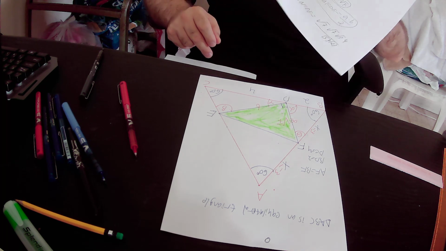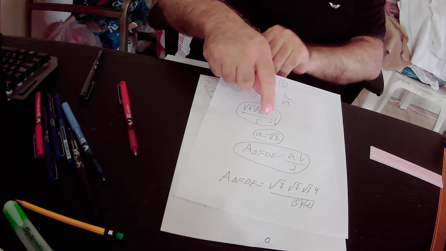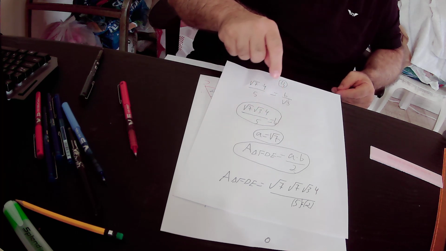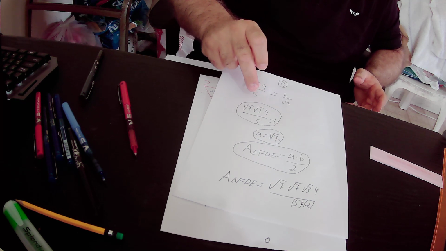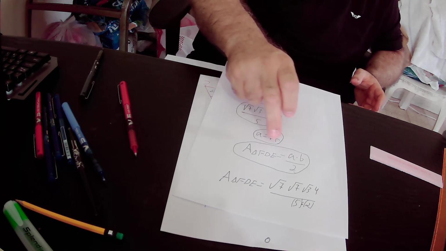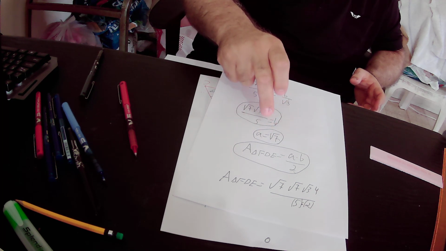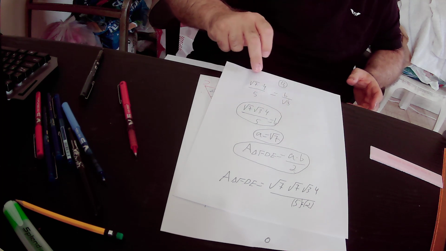And we have already found the value of A is root 7 and the value of B, so the only thing left is to substitute A by root 7 units and B by its value in the formula for the area.